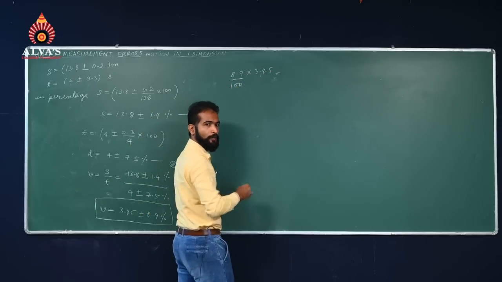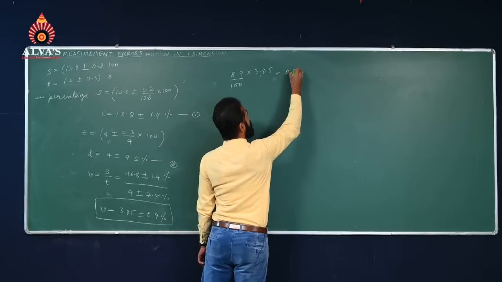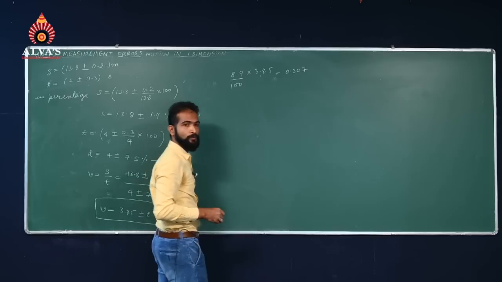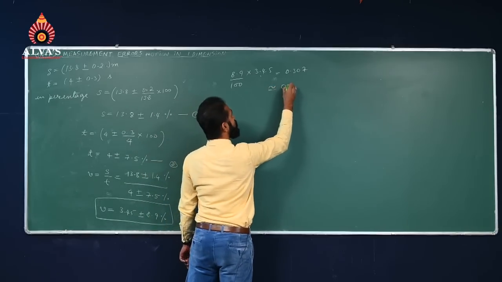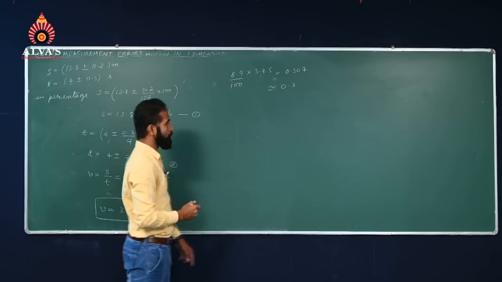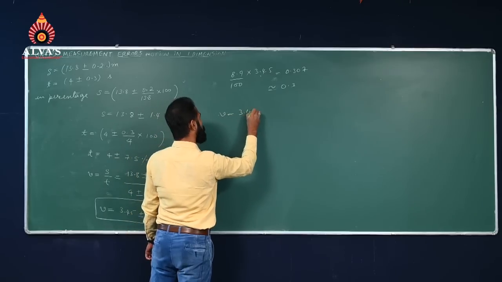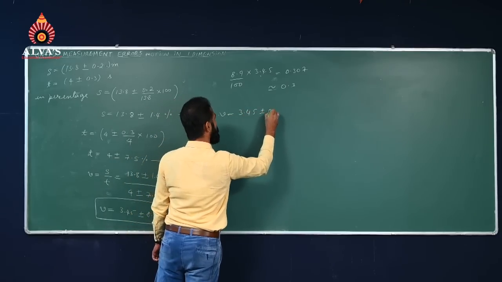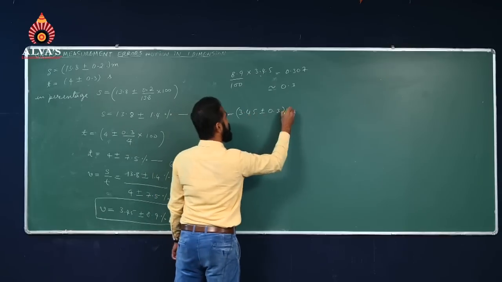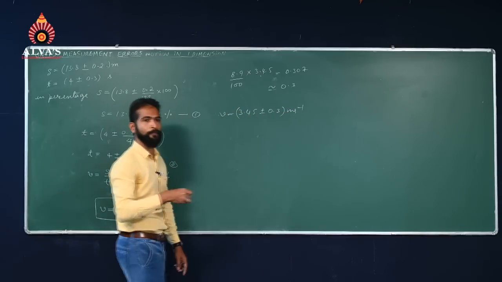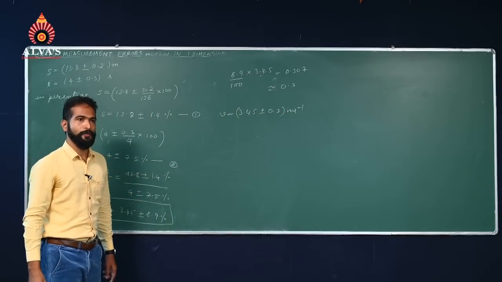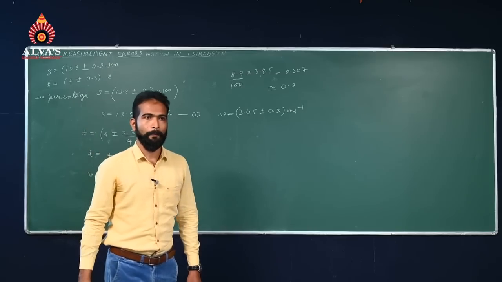If you calculate this, we are going to get 0.307. So if you round it off, it is 0.3. Therefore velocity is going to become only 3.45 plus or minus 0.3 meter per second. That gives you the correct option as option B.